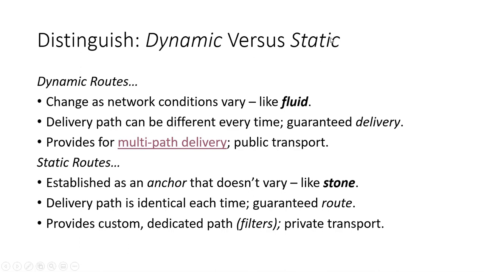This is the stable, consistent one. You always see what you get. And then this is the wild card, wild man kind of scenario where everything flows every which way but loose. Any questions so far about the distinctions between dynamic versus static routes?